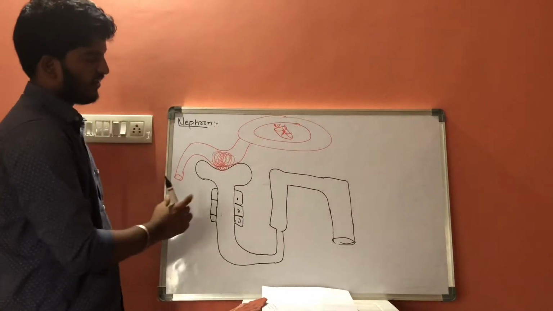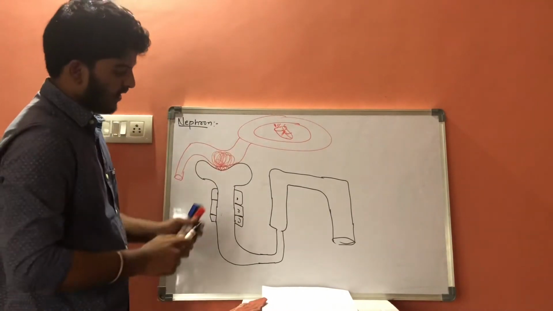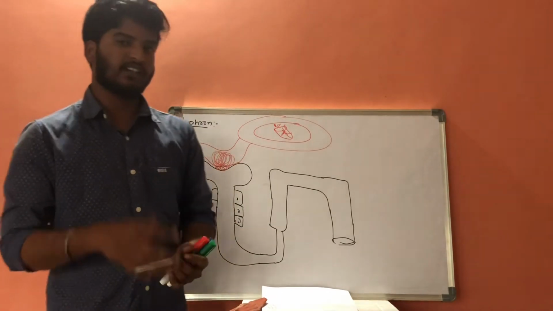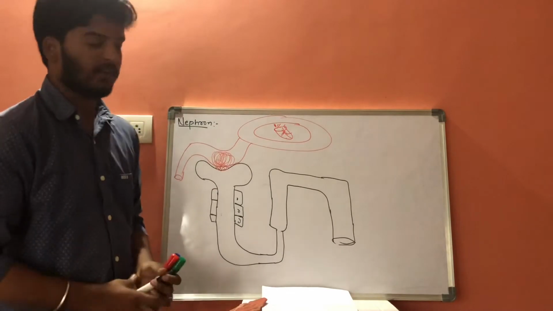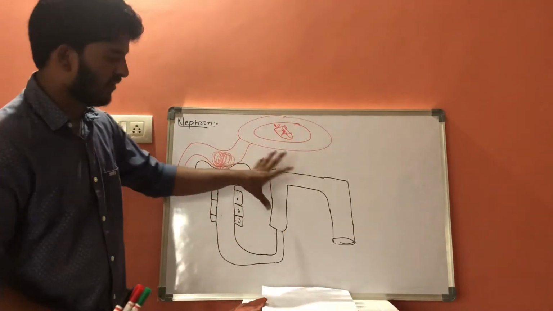Let us consider this is one nephron and this is the blood circulation to the nephron. Normally, one kidney consists of 1.2 million nephrons, out of which I have taken only one nephron here.